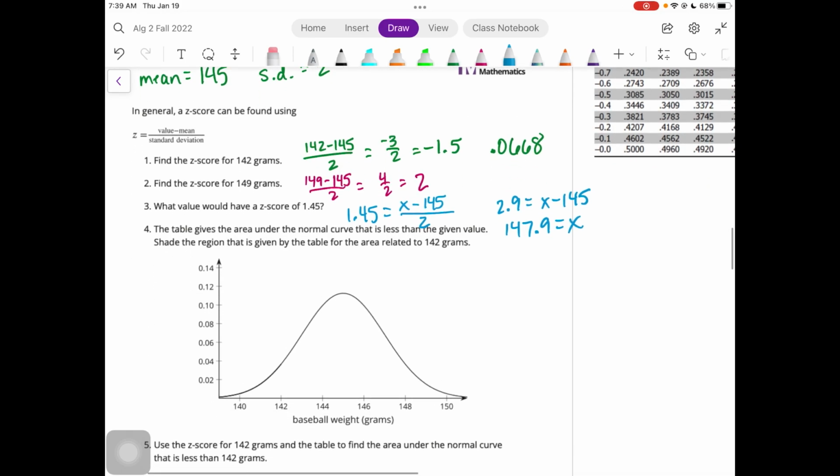All right, so number 4, the table gives the area under the normal curve that is less than the given value. Shade the region that is given by the table for the area related to 142. We already found that area, so that actually worked out well. This is our 142, and this is the area, and that area is 0.0668.